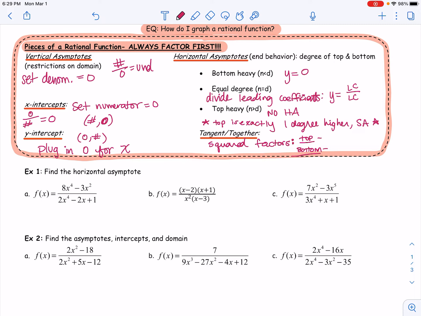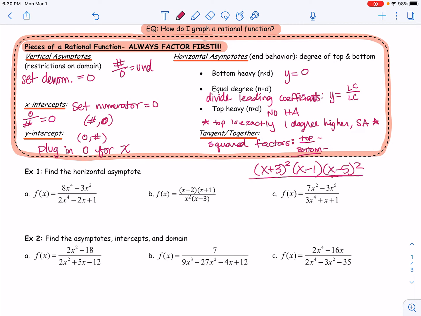So let's imagine I have some polynomial and I factored it and I have x plus 3 squared, x minus 1, and x minus 5 squared. That's my numerator, okay? Well, I know that these X-intercepts would be at -3, +1, and +5. Well, just like our unit for polynomials, you could also then tell me what's happening at -3, at 1, and 5.